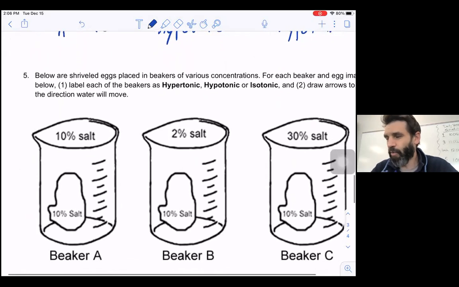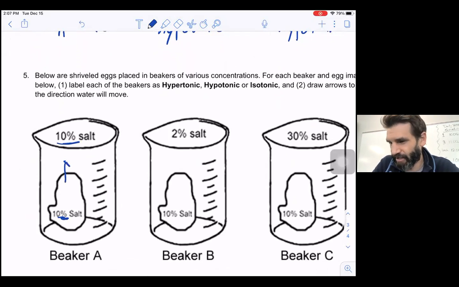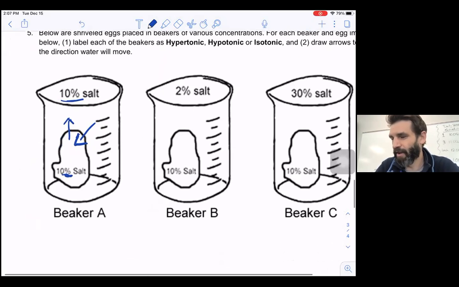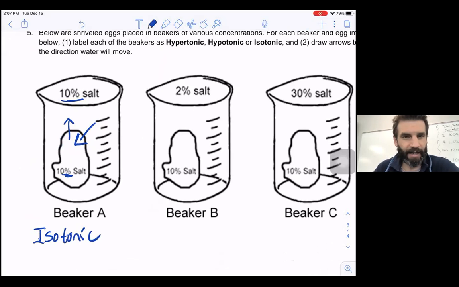And finally, we have a couple beakers here with an egg, 10% salt egg inside, 10% salt outside. This is just as much as leaving as would be coming in. We call that isotonic. Here we have a pretty low 2% outside versus our 10% inside.